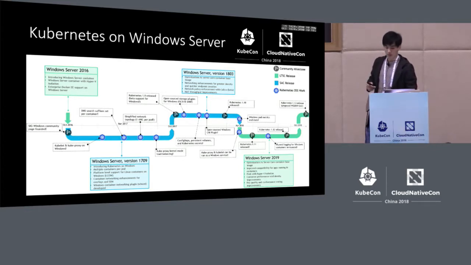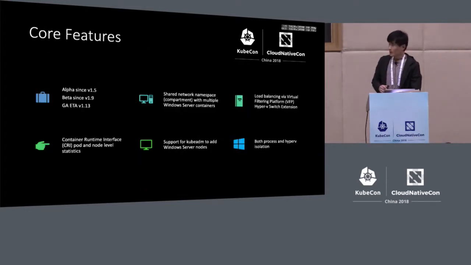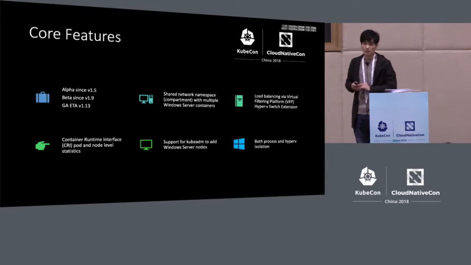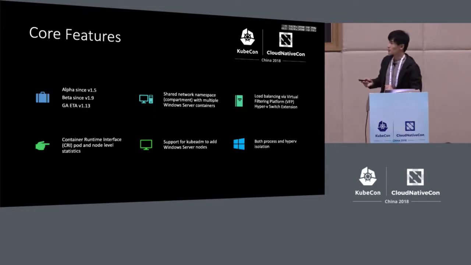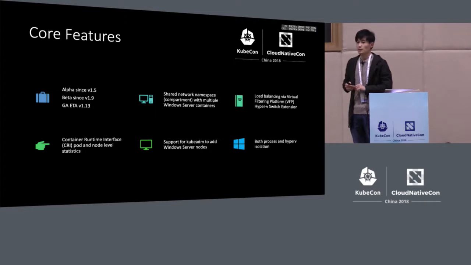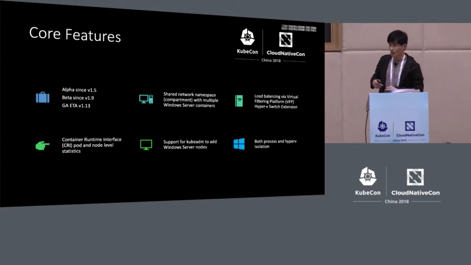And you see for the core, the features released, and they can be introduced into Kubernetes. And for the next version, the 1.13 version, we will have it matched with the container. And here are the core features of Windows container. Number one, it is a version. When it's 1.13, we have the several versions you can see on the slide. And it can support the Linux network namespace isolation.